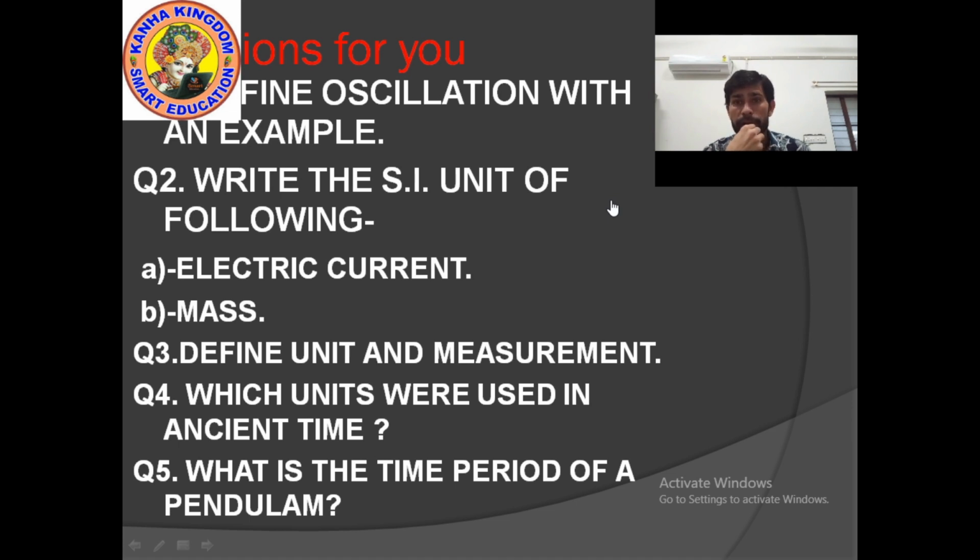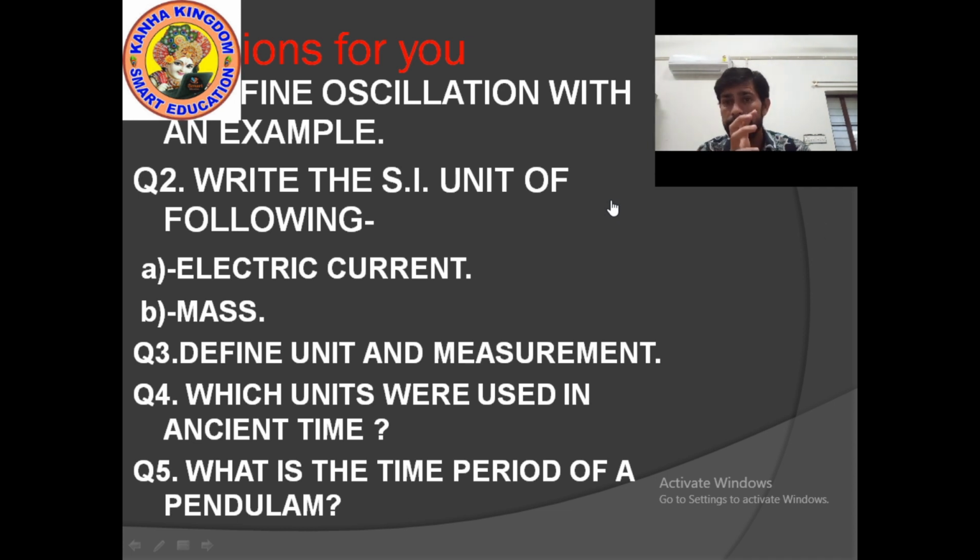And what is a simple pendulum? A simple pendulum consists of a metallic ball suspended from a rigid stand by a thread. The metallic ball is called the bob.